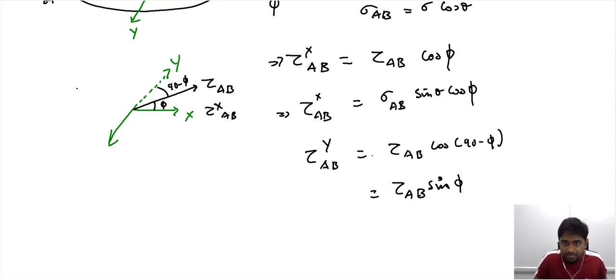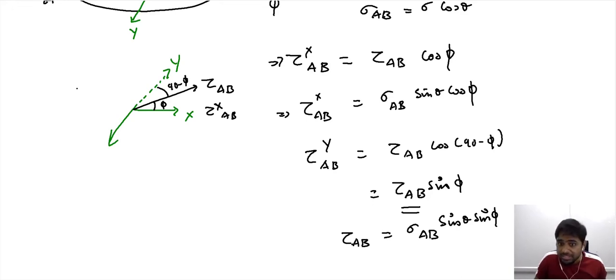Then if you express the tangential stress in terms of the normal stress sigma AB, the stress experienced by AB along the loading direction, it would be sine theta sine phi. So this is the shear stress acting along the frame of reference Y on the surface of AB.